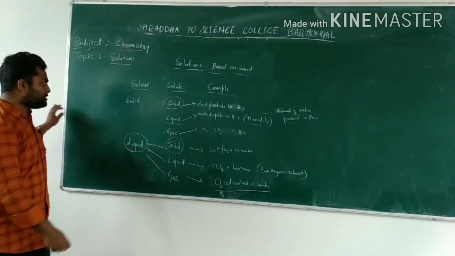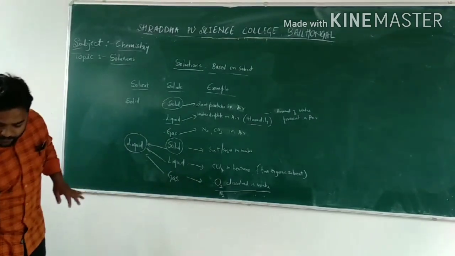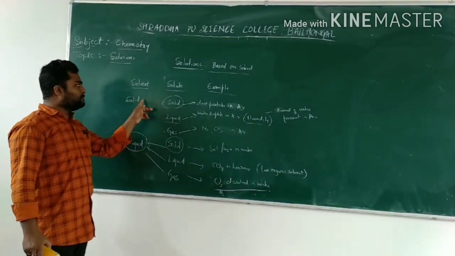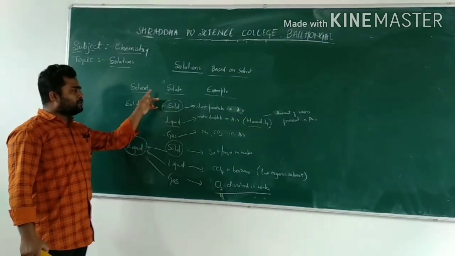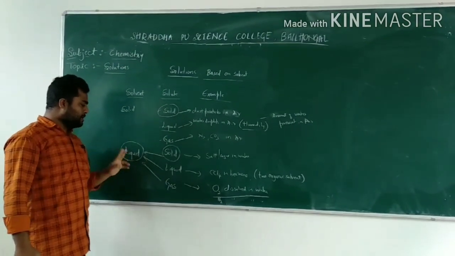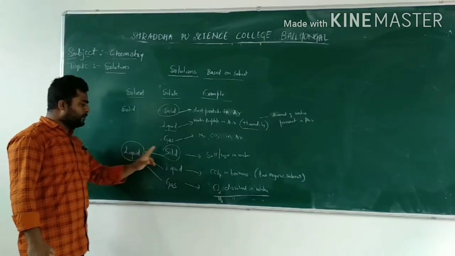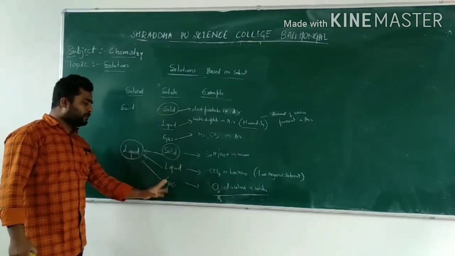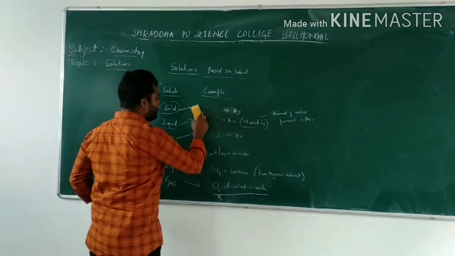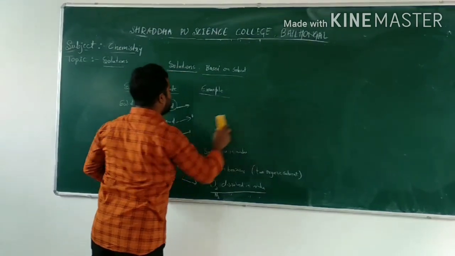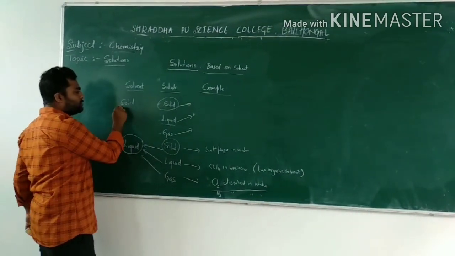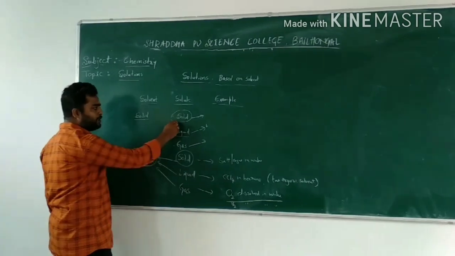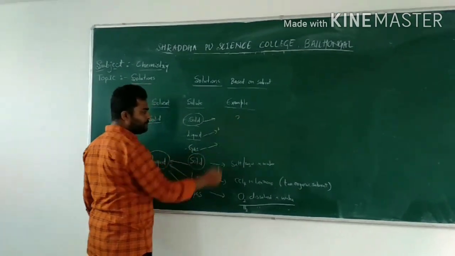So what you have to do is, there is a small assignment for you. I have explained when the solvent is gas, when the solute is solid, liquid, gas. I have explained when the solvent is liquid, the solute is solid, liquid and gas. What I want you to write is, when the solvent is solid, when solid is solute, give an example.